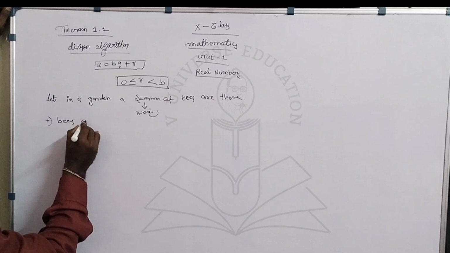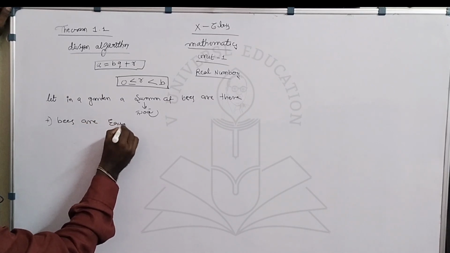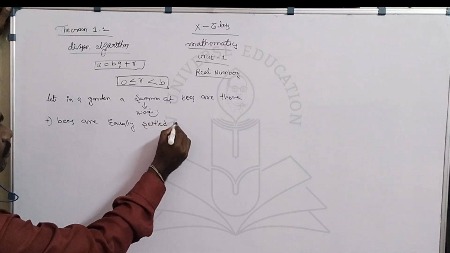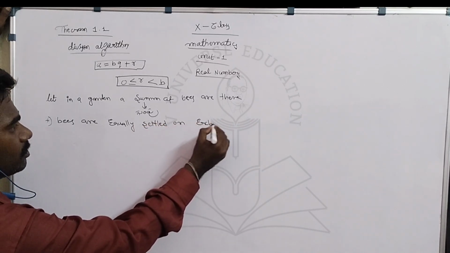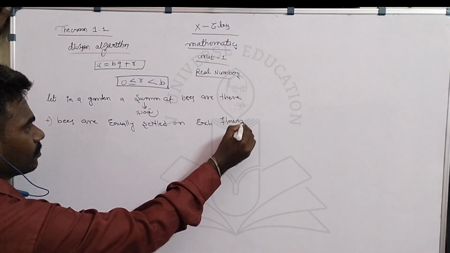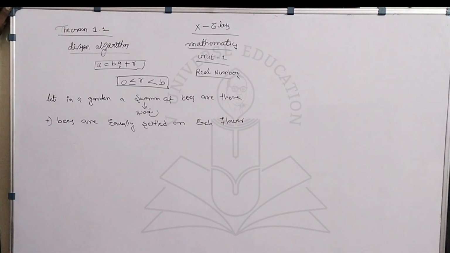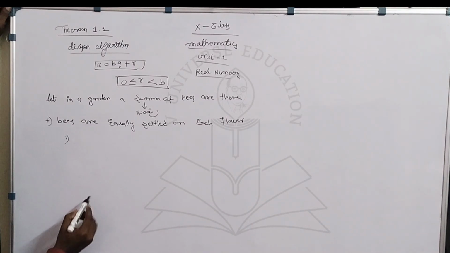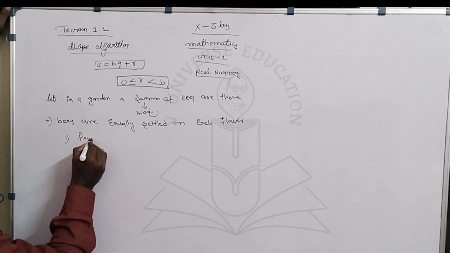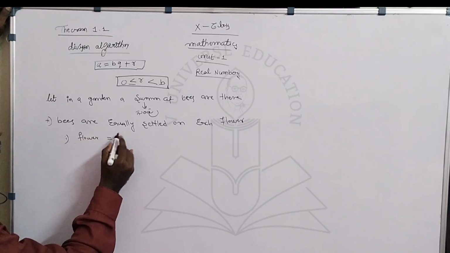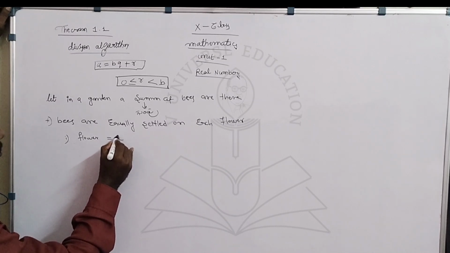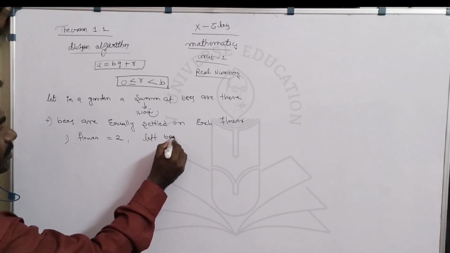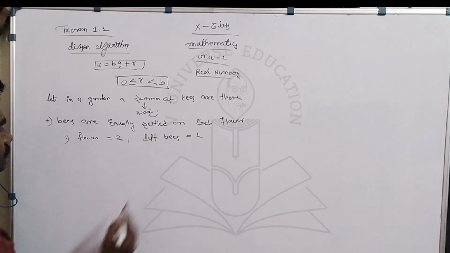Bees are equally settled on each flower. So here some cases are given. In the first case, if flowers is equal to 2, then left bees is equal to 1.